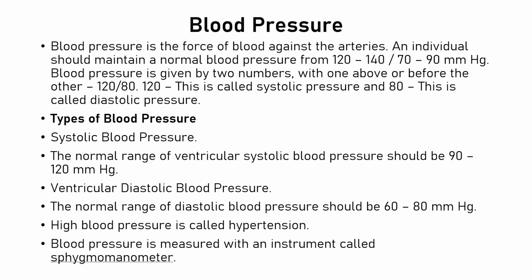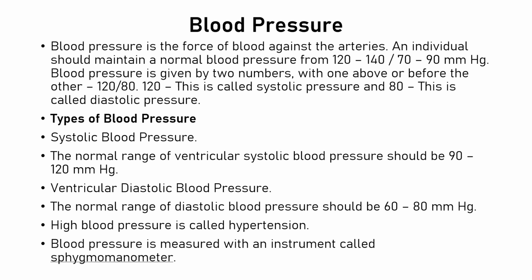Now coming to the blood pressure, you must have heard about the blood pressure, children, right? So we have a normal blood pressure which is about 90 to 120 millimeter Hg, right? So this is a systolic blood pressure. Okay, ventricular systolic and ventricular diastolic. As I told you, systolic is when the contraction takes place.